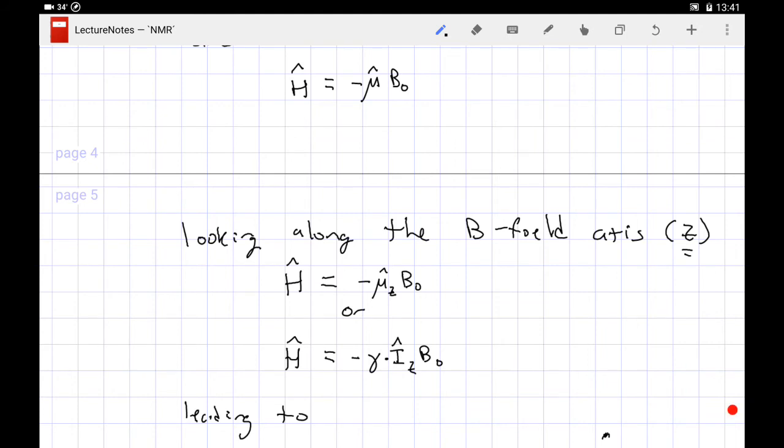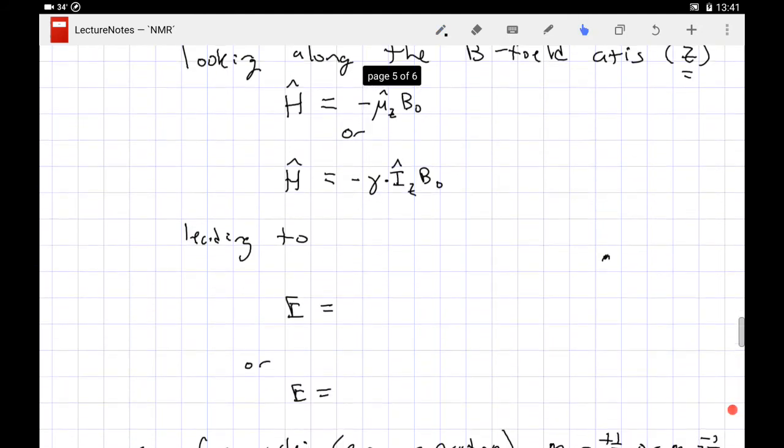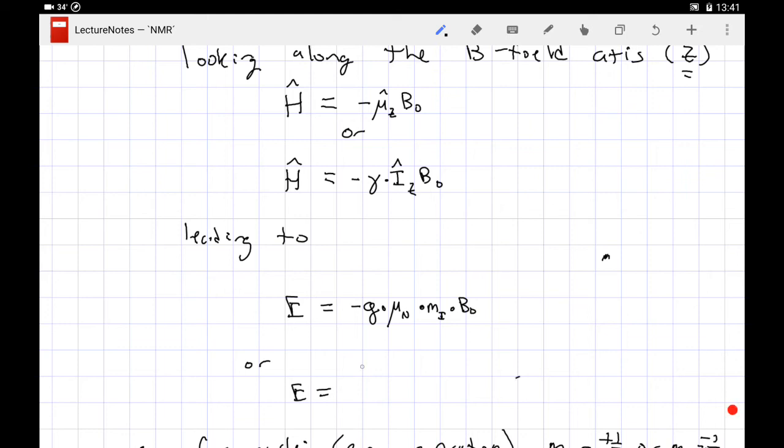Now that leads to energies that are minus G times mu n times m sub I times B naught. Or if we use the gyromagnetic ratio instead, minus h bar gamma m sub I B naught.